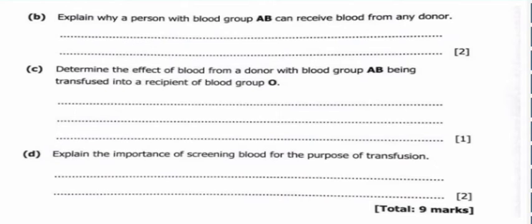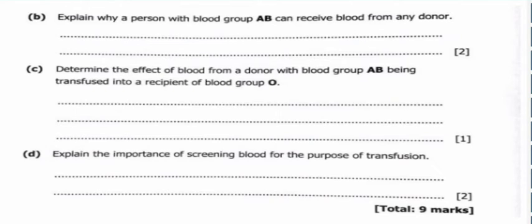So here they are asking us the effect of a donor from blood group AB being transfused into a recipient of blood group O.